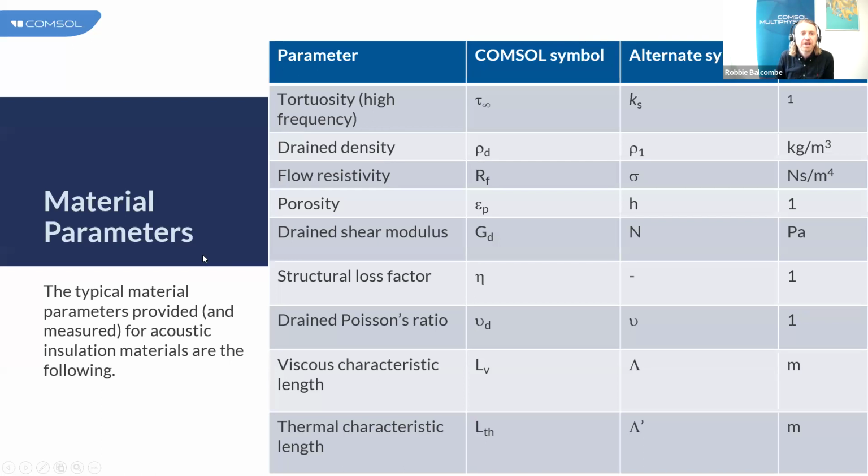This table gives you an idea of some of the properties needed to define these different porous material models. We have porosity, tortuosity, flow resistivity, which is somewhat analogous to permeability, and density. If we're going to model the mechanics as well as the acoustics, then we need to provide some mechanical properties for the matrix material, along with some damping characteristics for that matrix structure material.